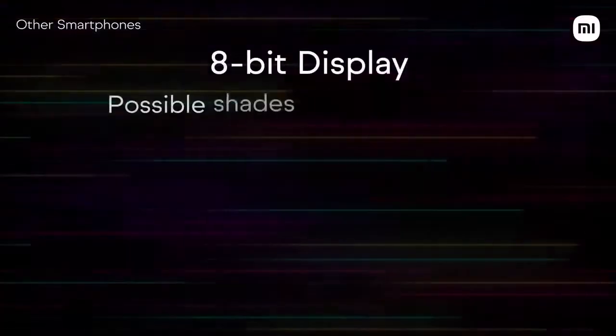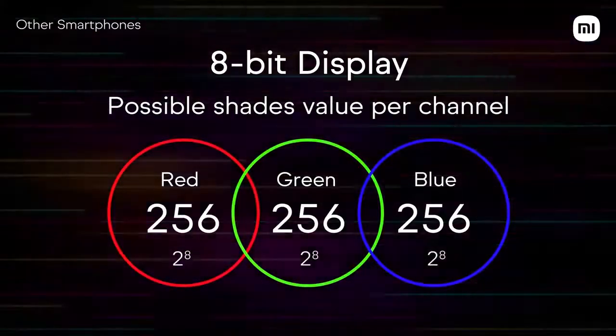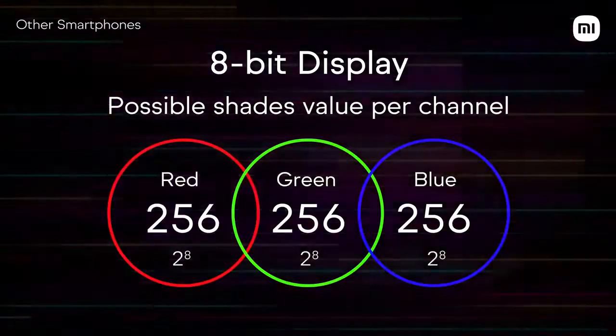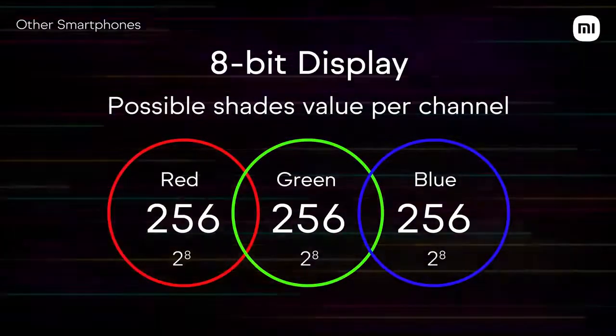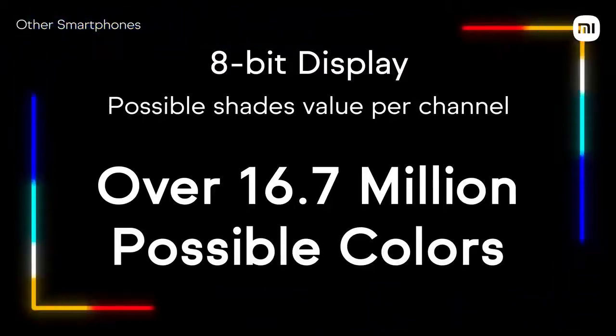An 8-bit display basically renders only 256 shades of red, green and blue, which when multiplied together gives you a composition of roughly 16.7 million colors. Now this is good, and we have been so used to this that the next information will completely blow you away.